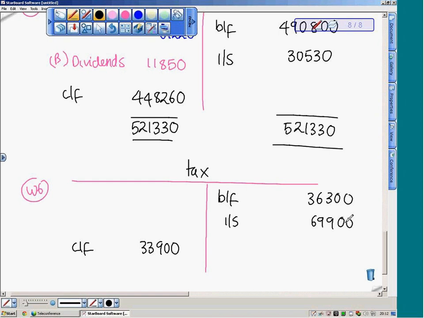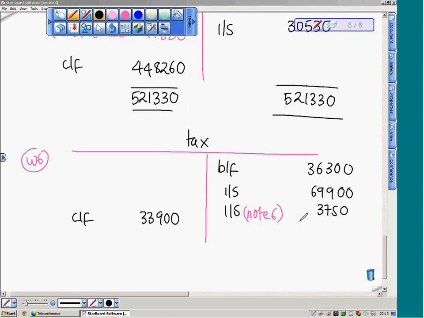So you do need to factor that in. Quite bizarrely here they split out the tax on their discontinued operations, so you need to factor in a note that they give us about the subsidiary we've disposed of, the 3,750. So if I can reference back to the note that mentioned the 3,750, well, that's note 6. Our T account.